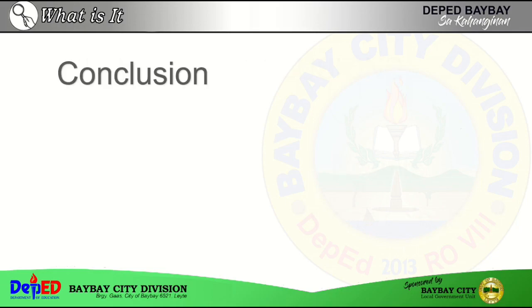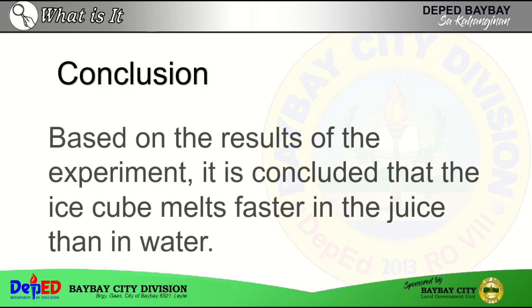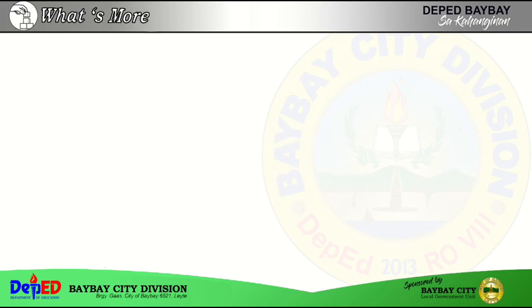You can state your conclusion by affirming or rejecting your hypothesis. Now, based on our example, you may state it as, based on the results of the experiment, it is concluded that ice cube melts faster in the juice than in water. Now, let's go to what's more in your module.